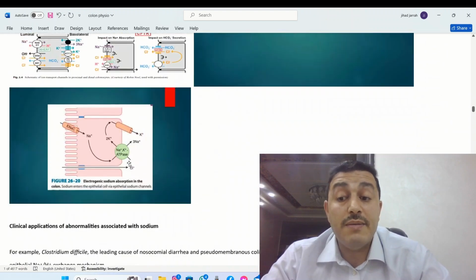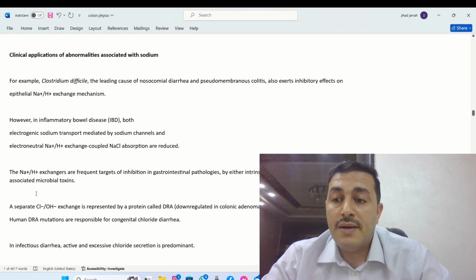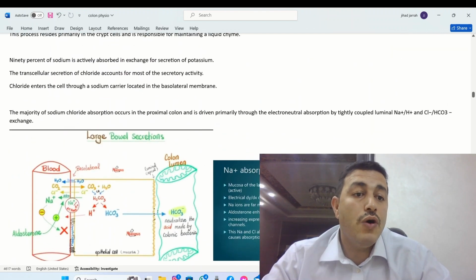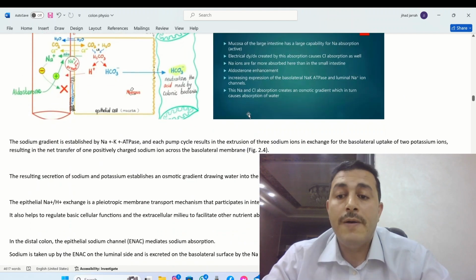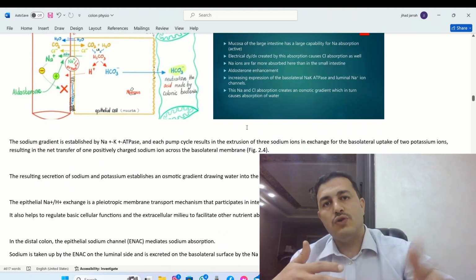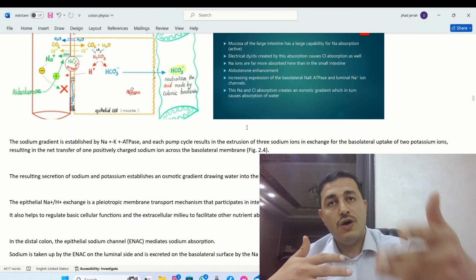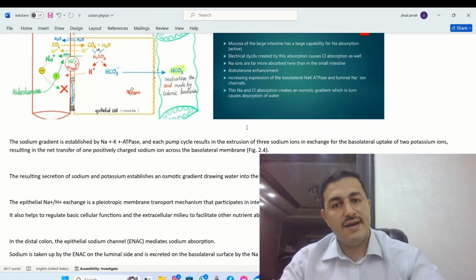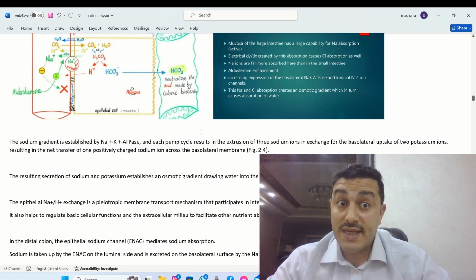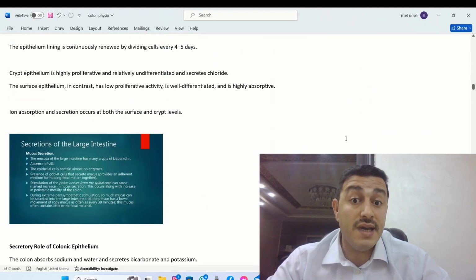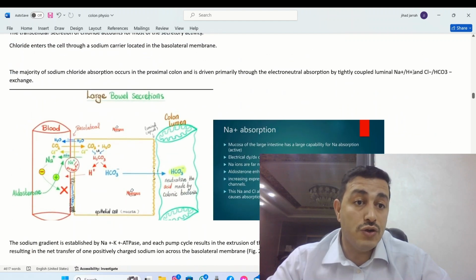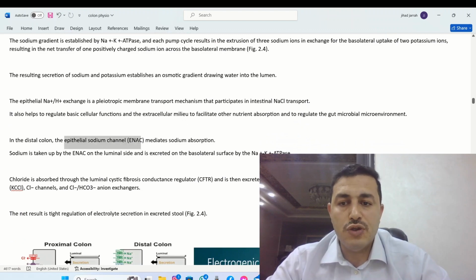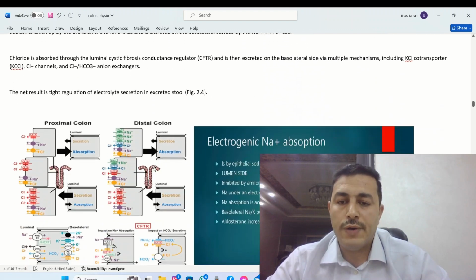Also, inflammatory bowel disease can be explained by inhibition of the sodium-hydrogen exchange, which ultimately will increase the sodium and chloride inside the lumen of the colon, and water will follow, and so we will have watery diarrhea. And we said inflammatory bowel disease is explained by inhibition of the sodium-hydrogen exchange, and also inhibition of the epithelial sodium channel in the distal colon.